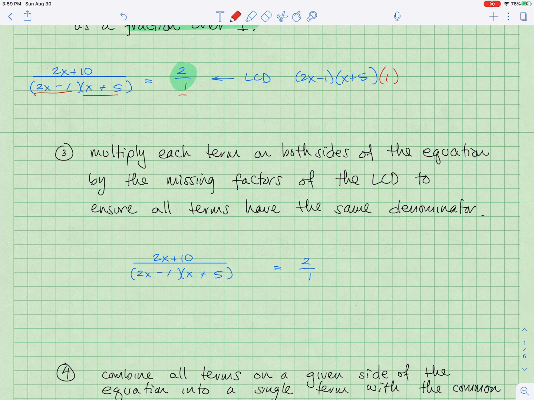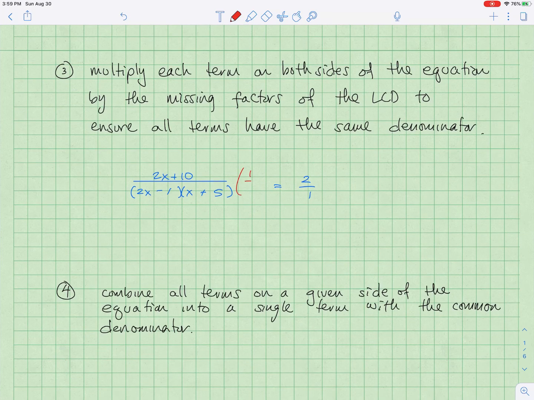So I could write 1 there, in which case this one already has the LCD, but we'll multiply top and bottom by 1, whereas the other side of the equation is going to need a factor of 2x minus 1, top and bottom, and a factor of x plus 5, top and bottom. Okay. So now we have the same denominator in all of our terms.